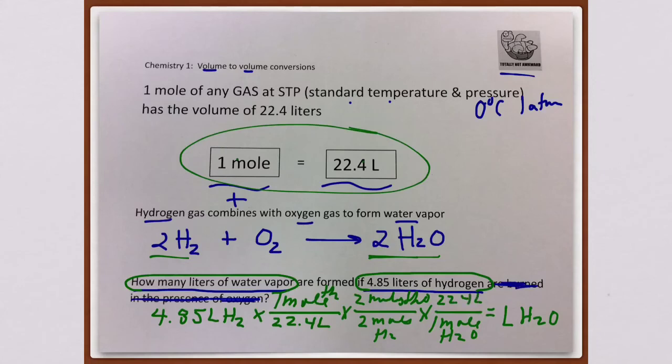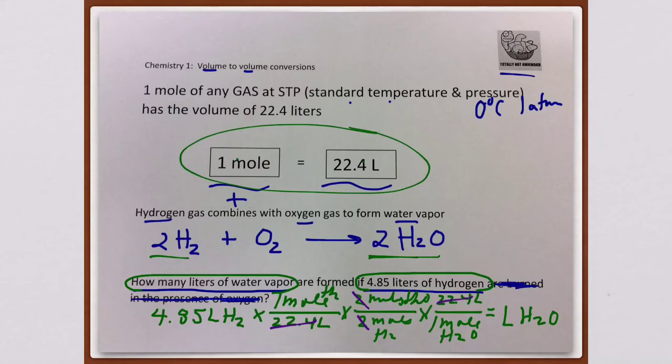And this is where I said a lot of this is going to get real easy on these problems because so much of the stuff cancels. First of all, 2 over 2 cancels, yeah? 22.4 also cancels with 22.4. Why? One is on top, one is on the bottom.